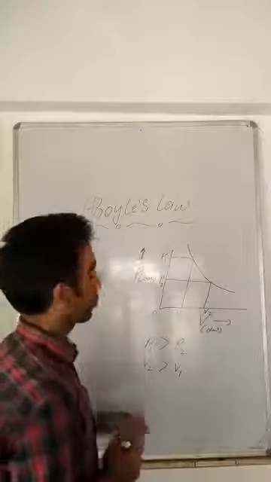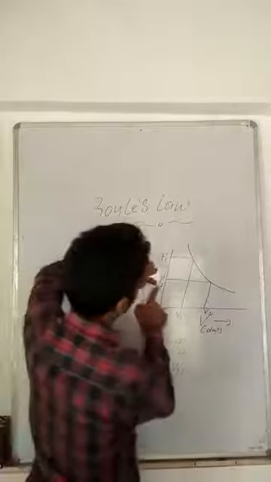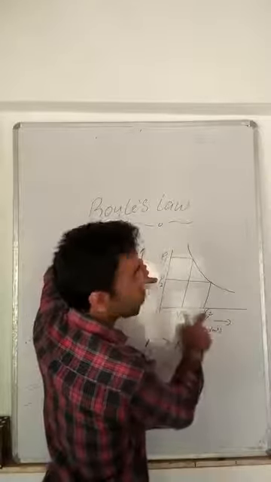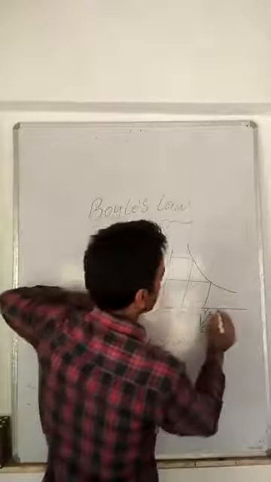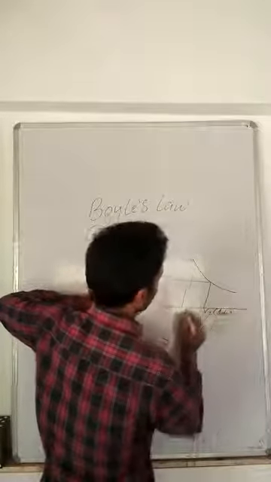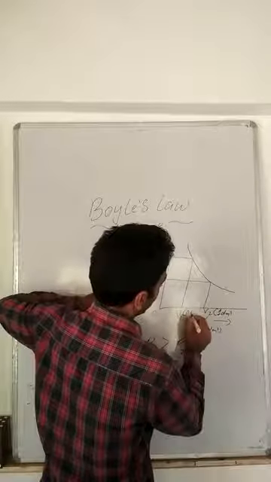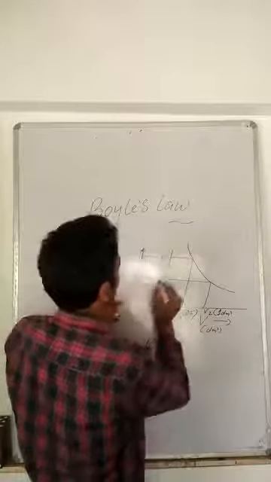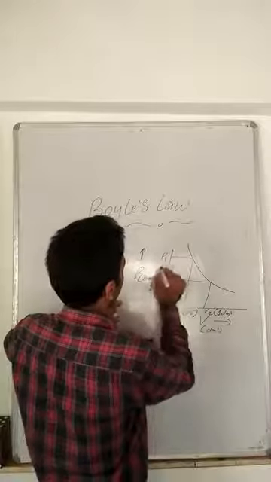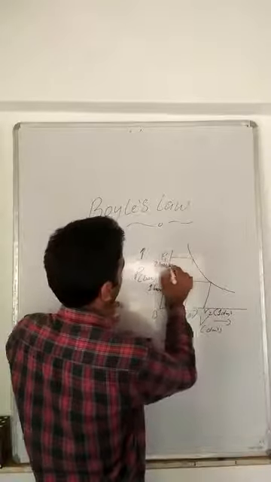Okay? So what does it indicate? Once I have the value of pressure as P2, the volume is V2. Let us suppose that it's 1 decimeter cube, and let us suppose that it is 0.5 decimeter cube. Let us suppose it is 1 bar, and let us suppose that it's 2 bars, right?